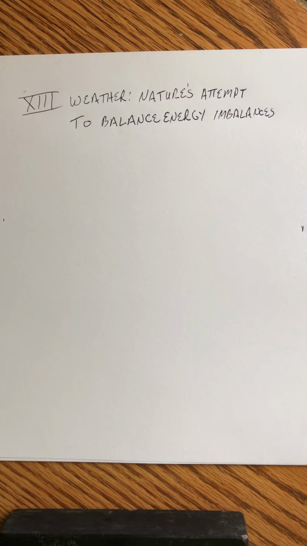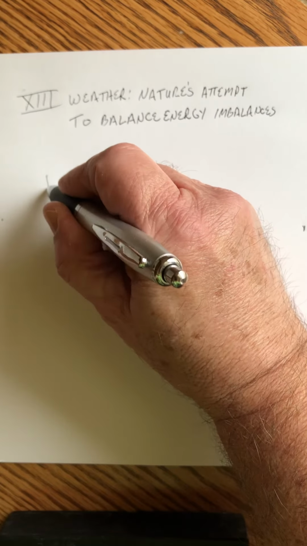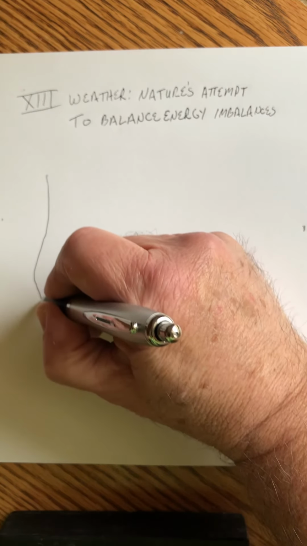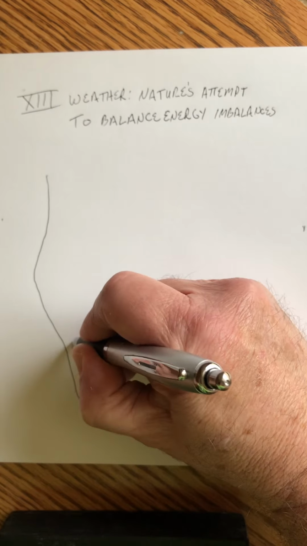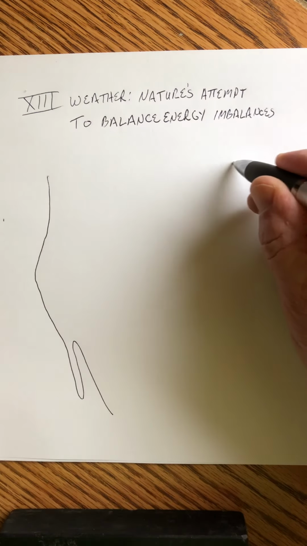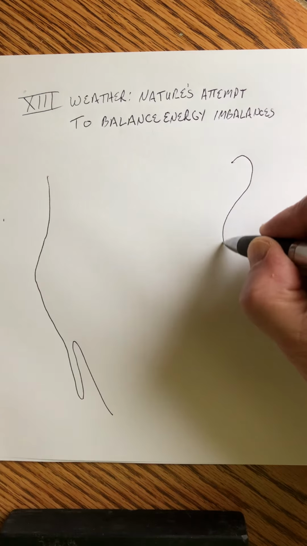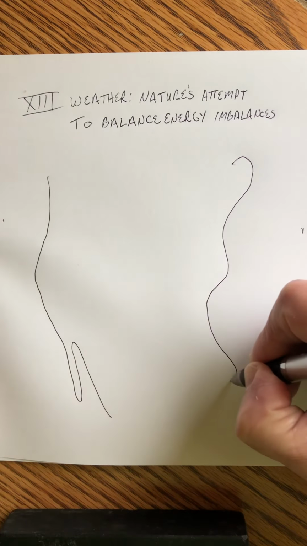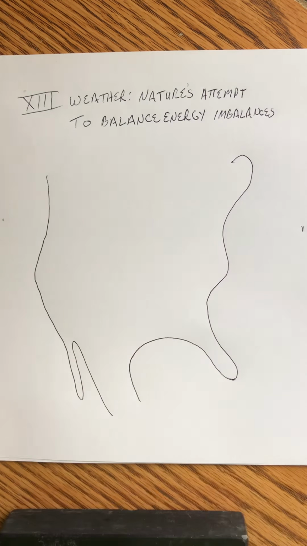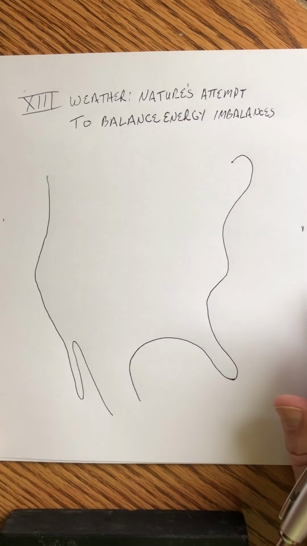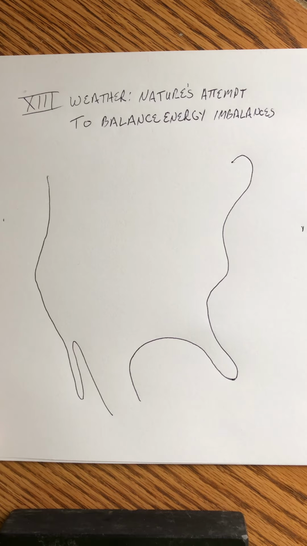And so we're going to start off by drawing the United States again. So we've got the West Coast and the Baja. We've got the Carolinas, Florida. All right, there we go. And we're going to take a look at two different locations.